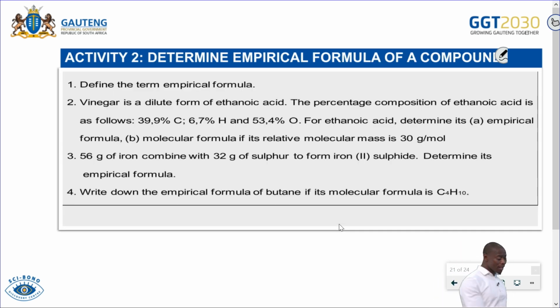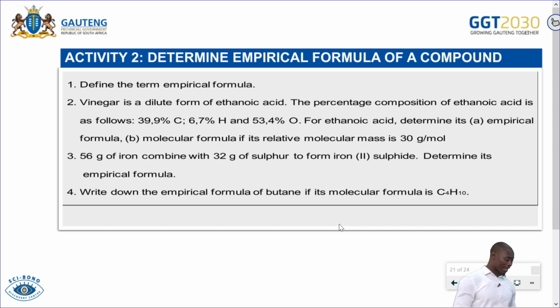Then let's look at this structured question. First question here, they want us to define the empirical formula. Second question, we are given vinegar, which is a dilute solution of ethanoic acid, and the percentage composition of each element present in ethanoic acid: carbon 39.9, hydrogen 6.7, and oxygen 53.4.